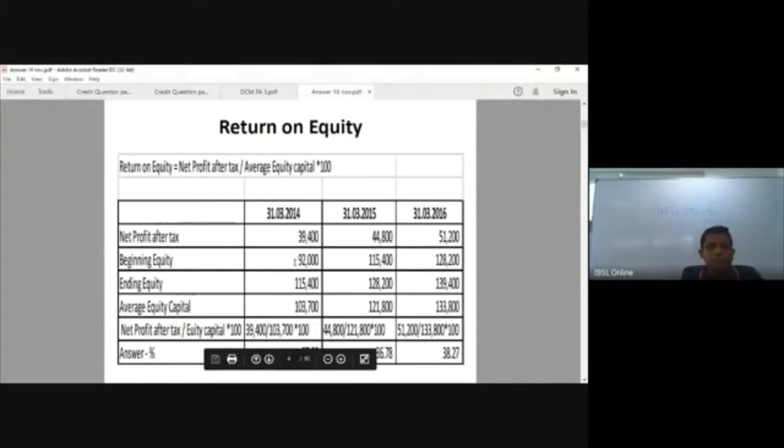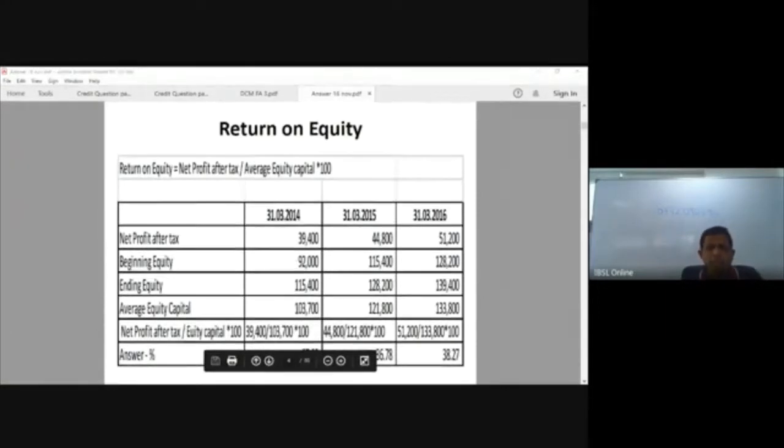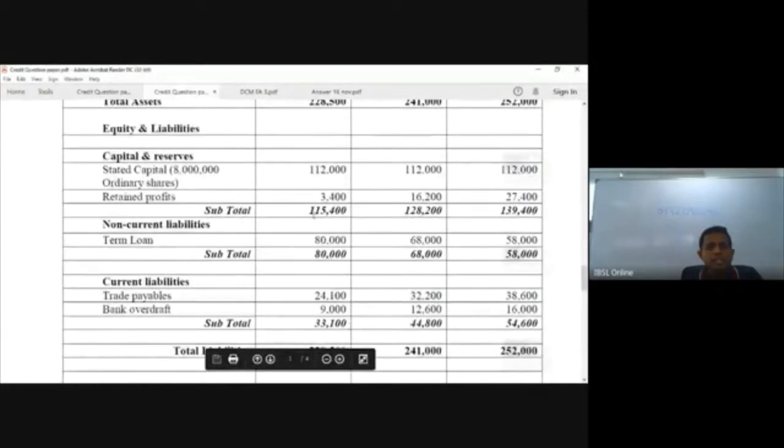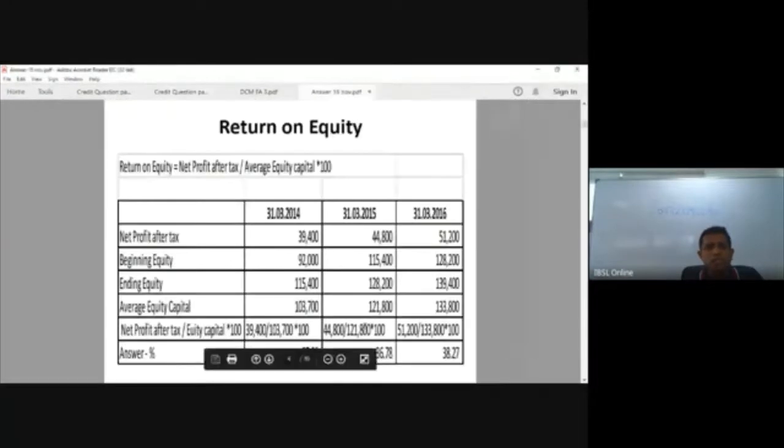For 2014, the ending equity is 115,400. Then the next years are 128,200 and 139,400. Now here, first you have to take the beginning equity for 2014, that is the ending equity of 2013. 92,000 plus 115,400, take the total and take the average.